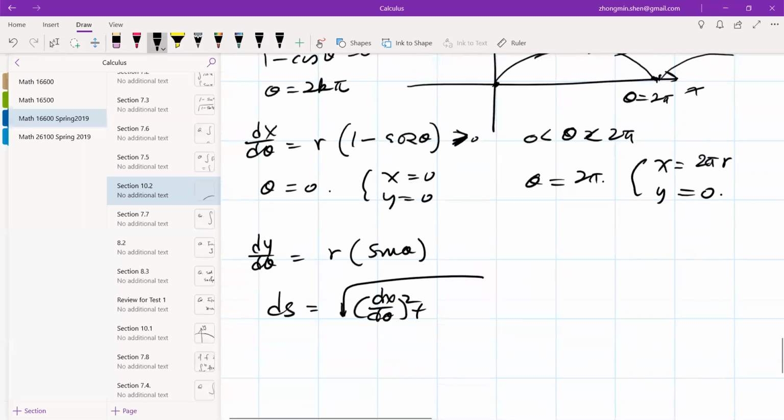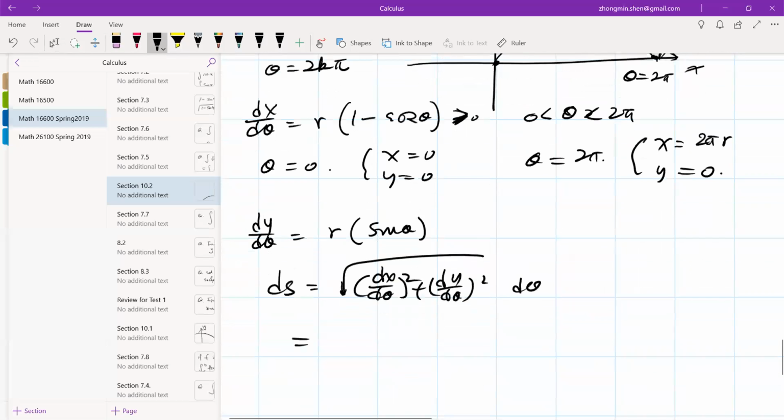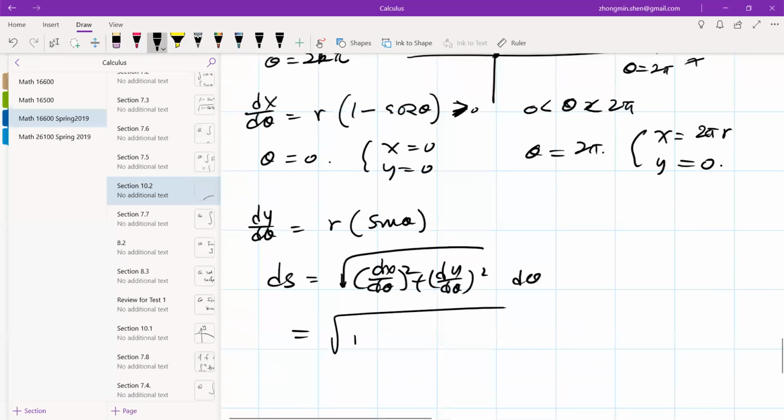And the problem is I have here r squared (1 minus cosine theta) squared plus r squared sine squared theta. So this cannot be simplified to a constant.